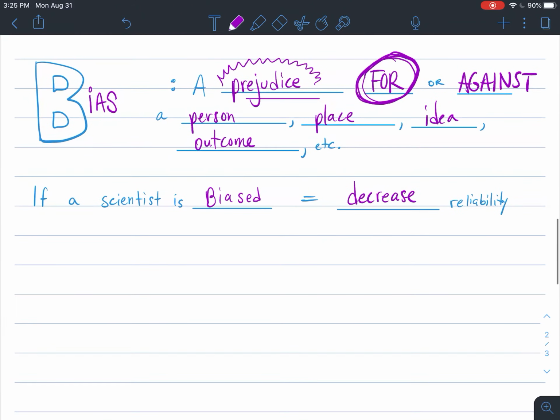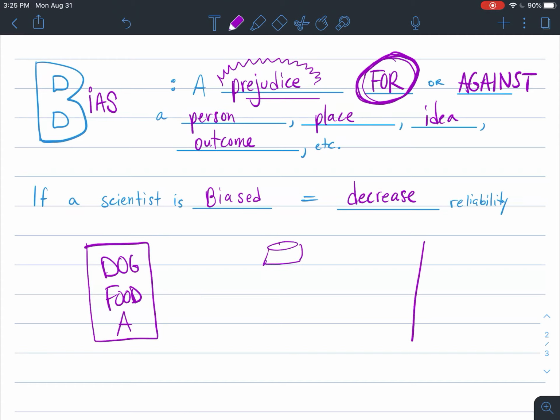So let's say that we have someone who's like, hey, I made the best dog food. This dog food is better than any other dog food. And you take it home and you do a little sample. And this is dog food A, but you've been giving them dog food Z. And maybe you put dog food A in a bowl and dog food Z in a bowl, and your dog eats both of them the same.